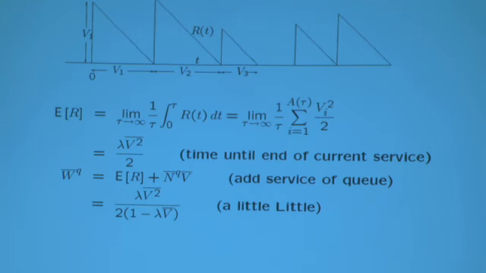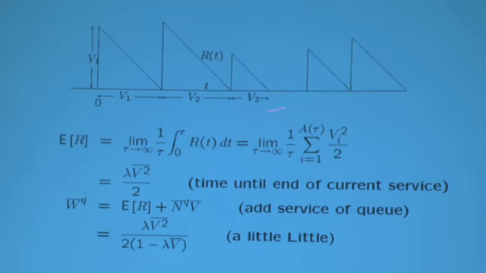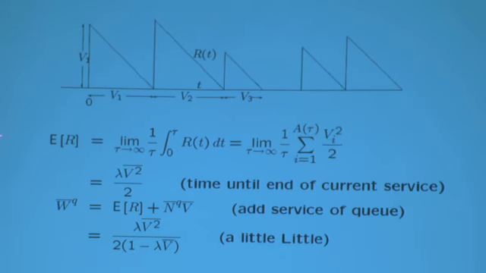Okay, so now we want to figure out why this is what it is. I want to take the limit as tau goes to infinity of this integral here over time. And what that is going to be is 1 over tau.